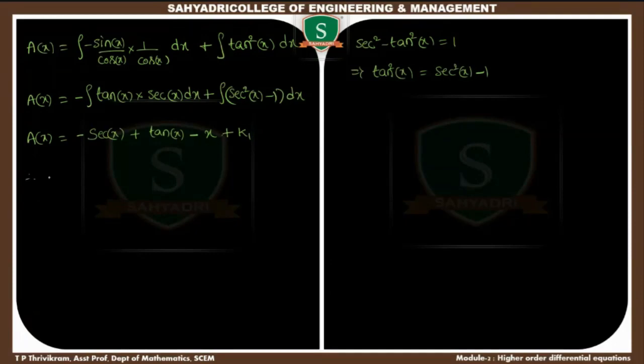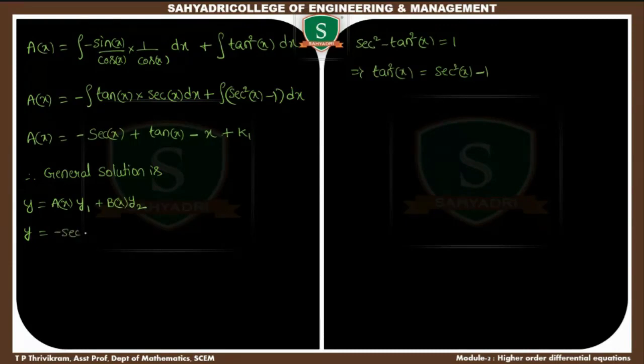Okay, so therefore the general solution is y is equal to a of x into y1 plus b of x into y2. So therefore y is equal to a of x, which is how much?